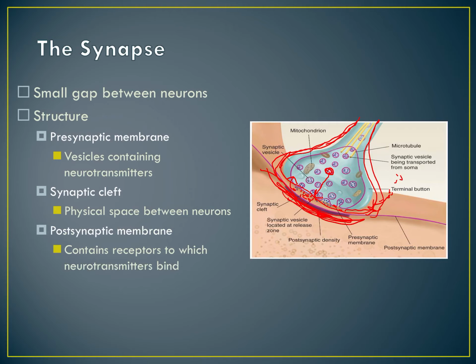Think of the neurotransmitters and receptors as lock and key. On the postsynaptic membrane, there are little receptor locks. They have a specific chemical structure binding potential.